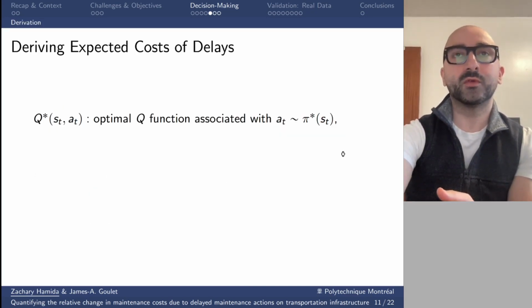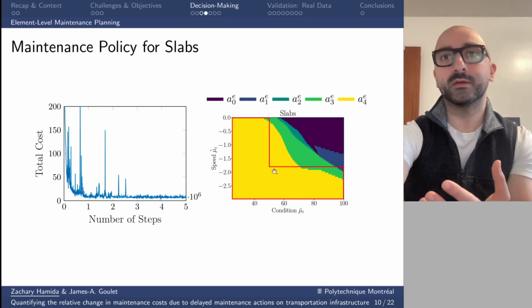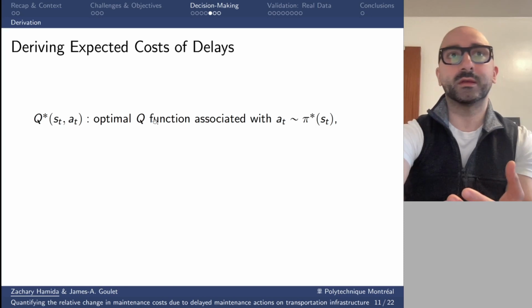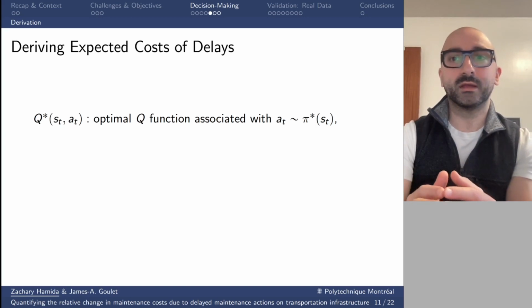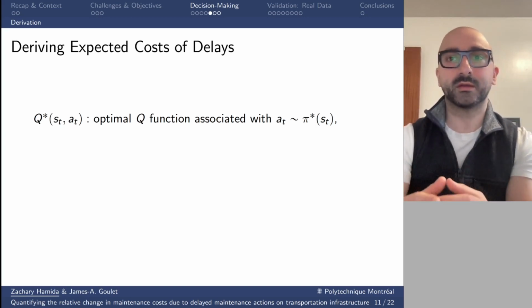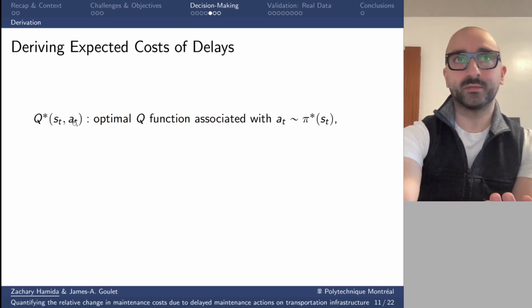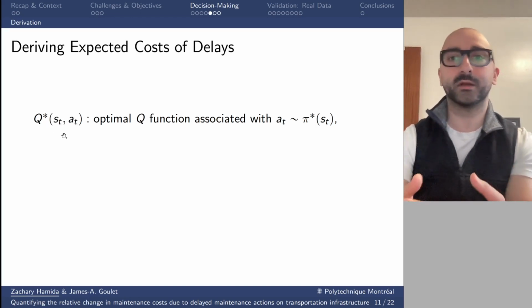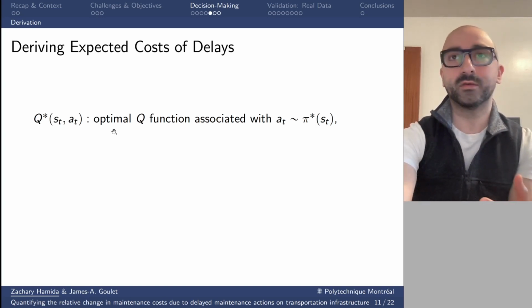If we want to move forward and look deeper into how this maintenance policy is learned, the learning process happens using something called the Q function. We have an optimal Q function, which gives us the total expected discounted rewards for each combination of state and action. That is the role of the Q function. In general, this Q function can be learned using a neural network, or there are other types of methods that would provide us with the Q function.